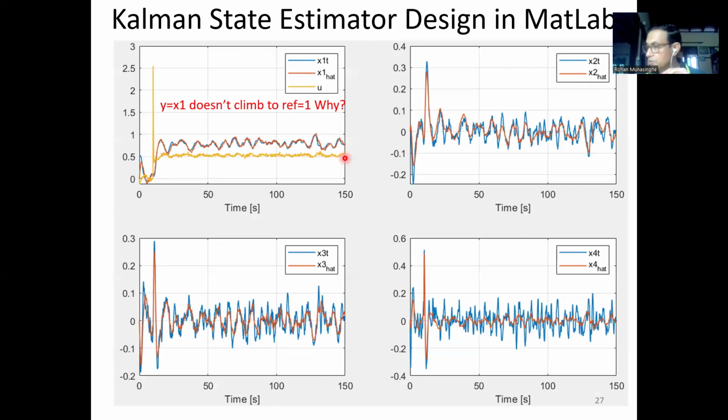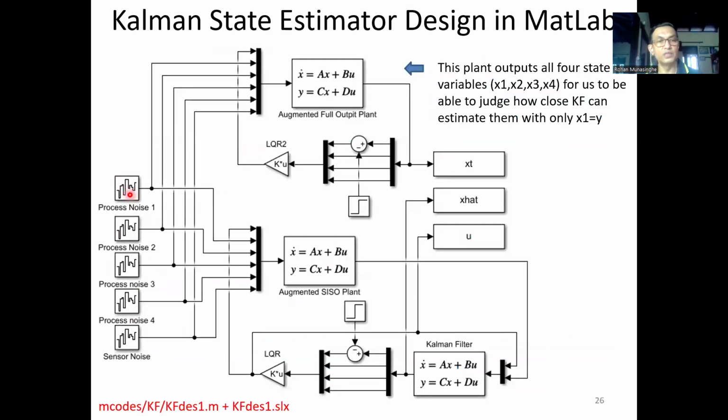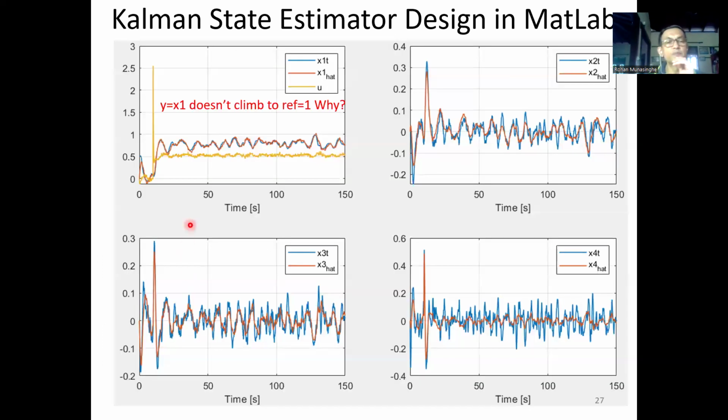Now, this is the result you get. You can see x1, the first state variable, and its estimate. Can you see it over here? The blue and red lines are very close to each other. This noisy signal is because of noise in the plant, because we have put the noise over here, to see how the system works under noisy conditions.